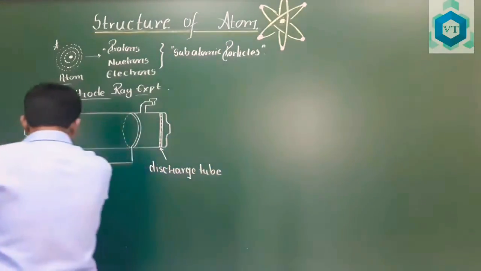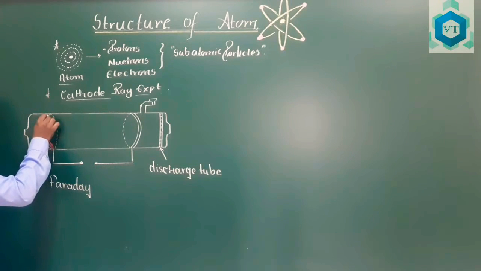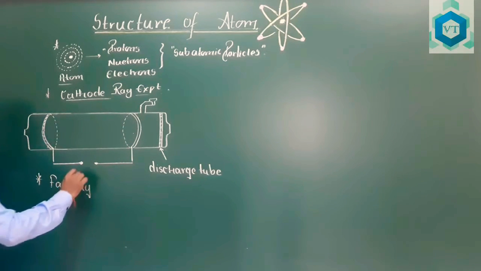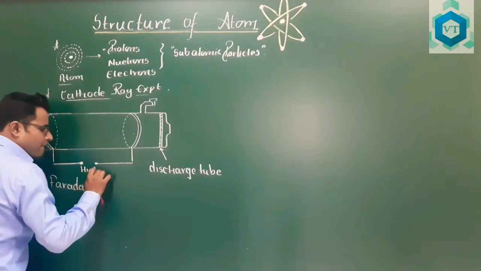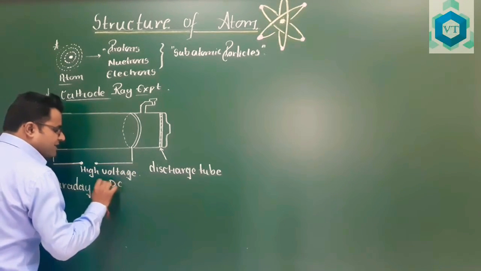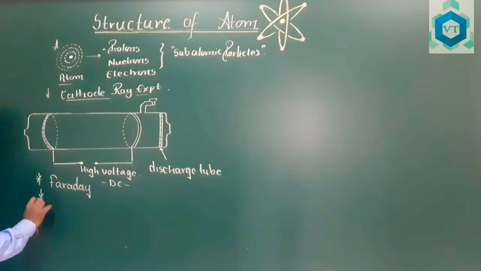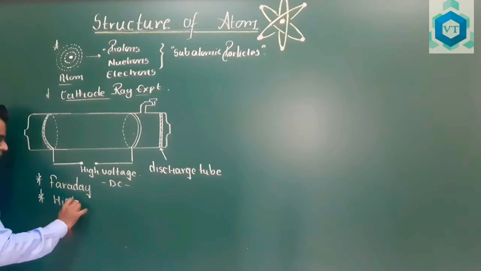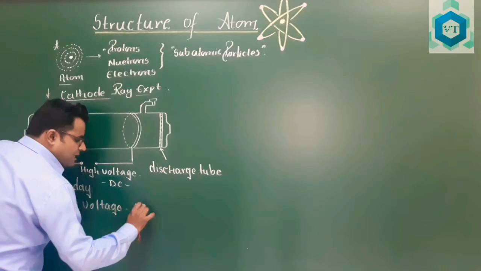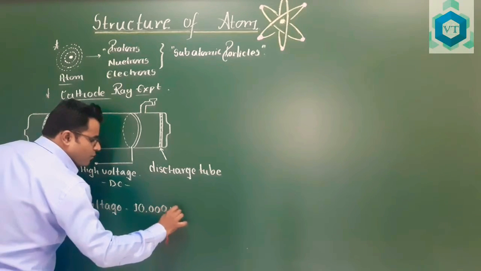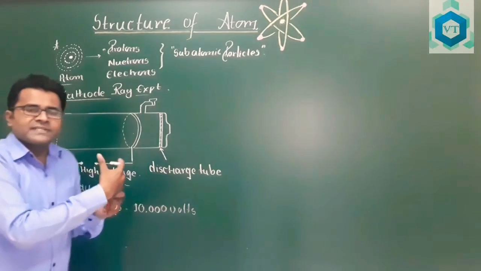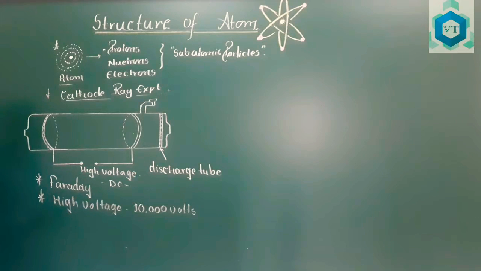When this experiment was carried out, the two metal sheets, one over here and the other over here, were connected to a high voltage. This high voltage had a DC source, approximately 10,000 volts. So we are supplying 10,000 volts of electricity in this glass chamber.